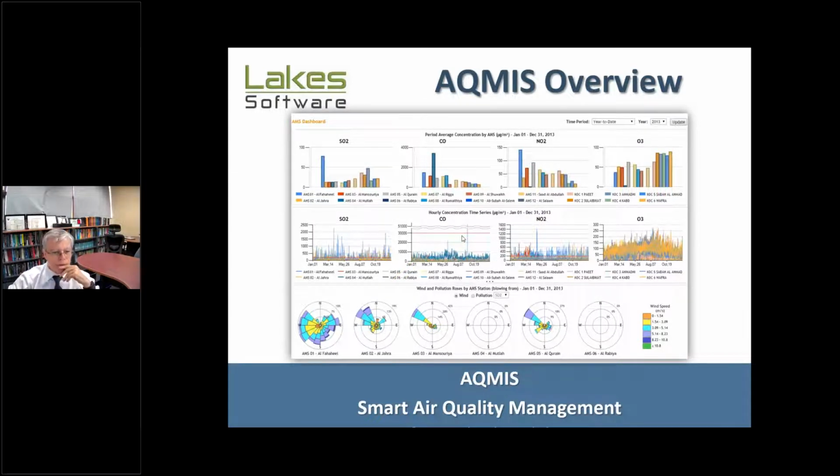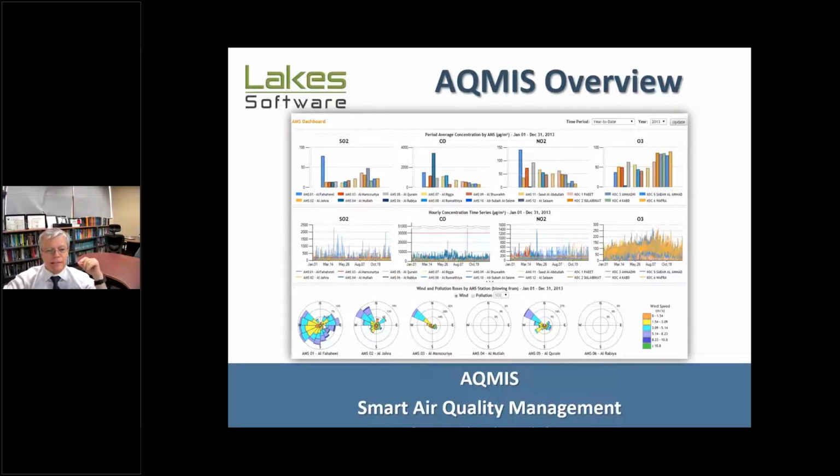Furthermore, we can add more value to monitor stations because the monitor station can forecast what it will measure, and we can establish pollution roses such that we know where most of the pollution is.